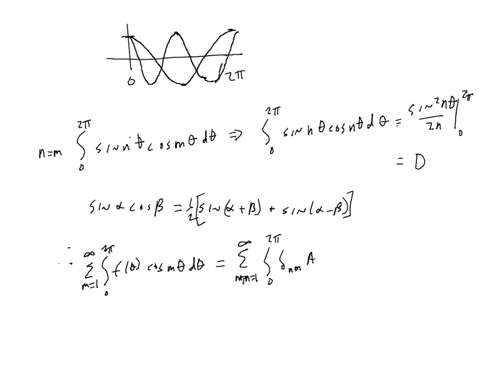And then I have a sub n cosine of n theta cosine of m theta d theta.